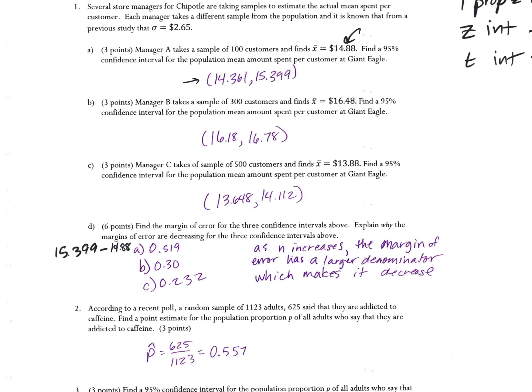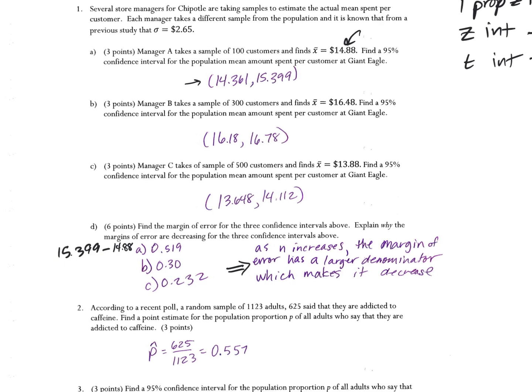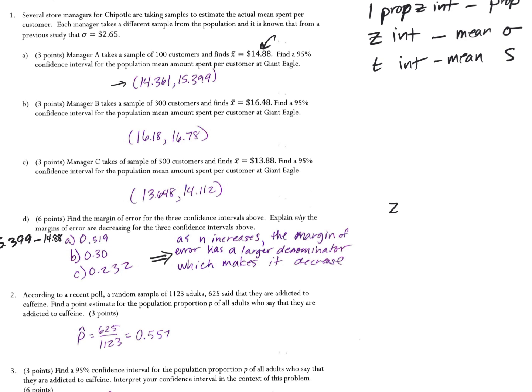All right, other than that, I just strictly told you to find the intervals and then find the margins. Your description for this part needs to say something along the line. You can do a mathematical explanation, you can do a logical explanation, okay? But in general, the margin of error is Z times sigma over the square root of n.